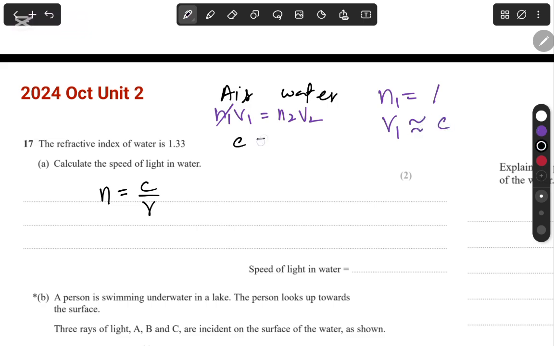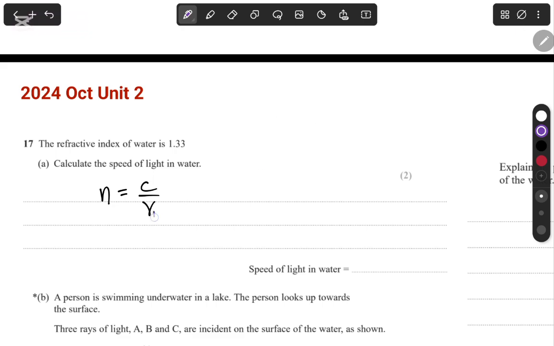So we just write c here, and then we write n, the refractive index of water, and v, the velocity of light in water, and then we get the formula n is equal to c over v. This gives the speed of light in water and the refractive index of water. Then you can solve it quite easily. You just have to do 3 times 10 to the power of 8 divided by 1.33, and you get the answer as 2.25 times 10 to the power of 8 meters per second.